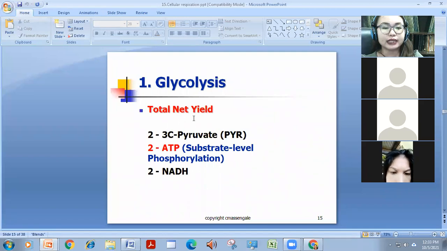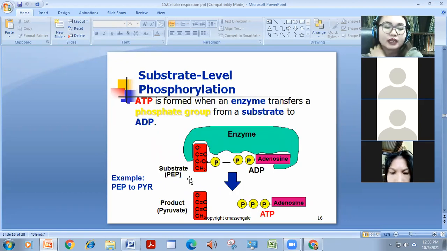So the total net yield of ATP in glycolysis is 2 ATP and 2 NADH.